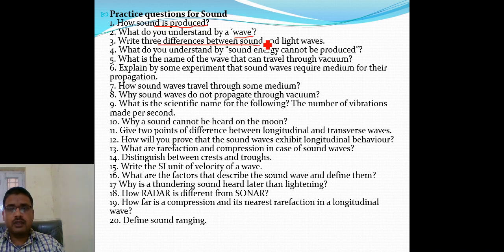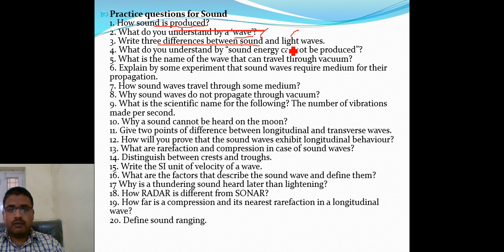These sound waves basically travel in a medium, whereas no medium is required in the case of light. Sound is also energy, light is also energy, and sound is created from a source, and light is also created from a source.